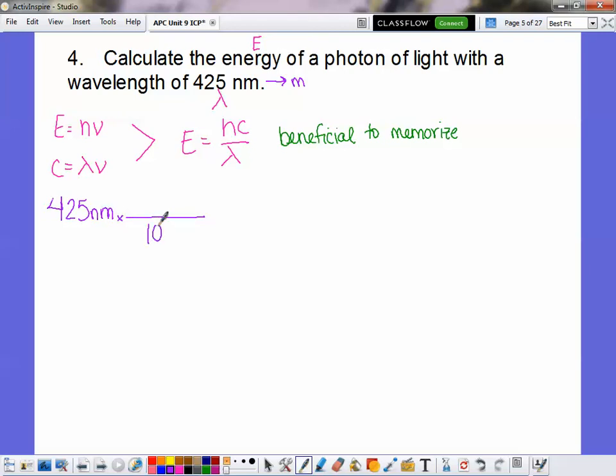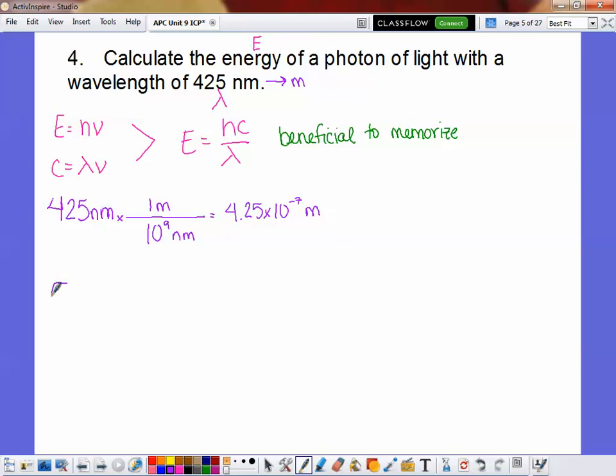There's 10 to the 9th nanometers in 1 meter. Or you can divide this by 1,000 three times to get to meters. Either one. So you should get 4.25 times 10 to the negative 7 meters.